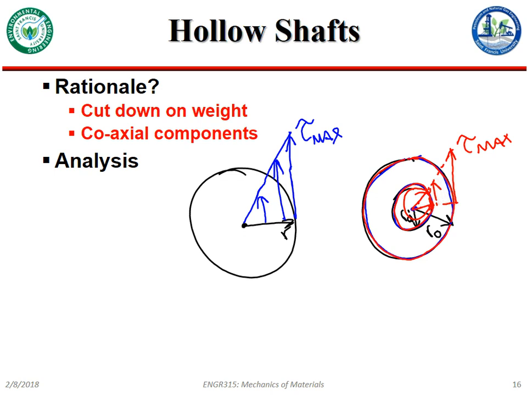So it's the same analysis, but if you look at torque equals tau max J over radius for this guy, if we look at something like this, again we're going to have a different polar moment of inertia term, but everything else is essentially the same.